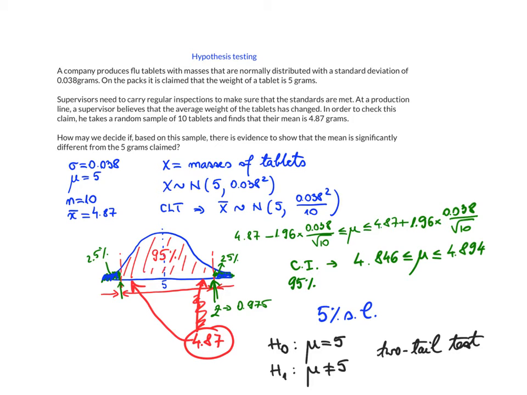But usually this is not possible, or it's very difficult, or it's inefficient. So as a result, we must decide which hypothesis we think is true by using the information from a random sample, one random sample. In order to avoid bias, the sample needs to be randomly chosen.